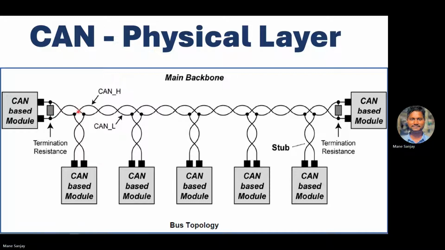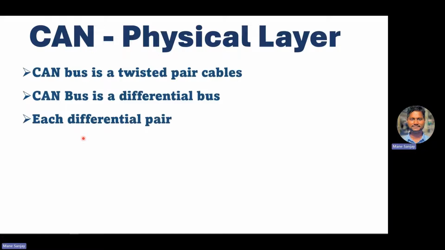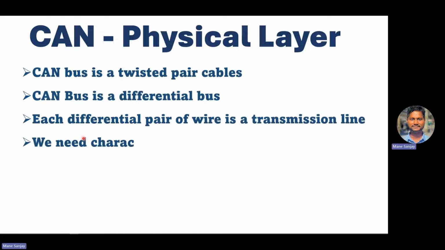And the ECUs taken out from the main backbone, or connected to the main backbone, are called stub length basically. So this is a stub length. So CAN bus is basically a twisted pair cable. CAN bus is a differential bus. Each differential pair of wires is a transmission line. And we need a characteristic impedance of a CAN network basically.